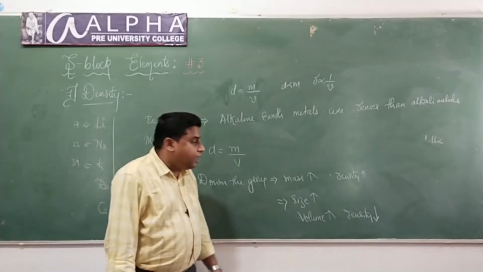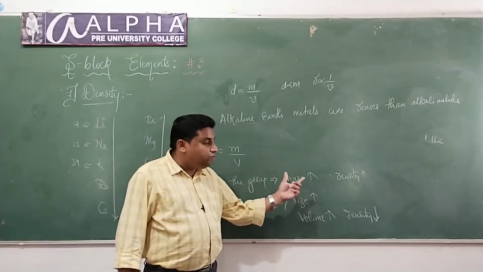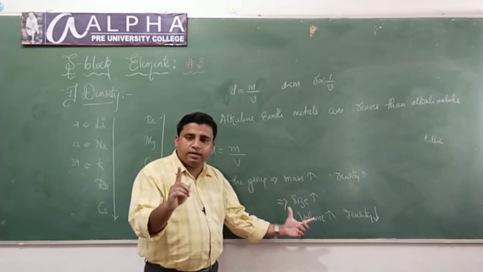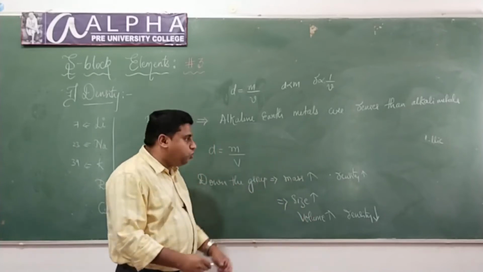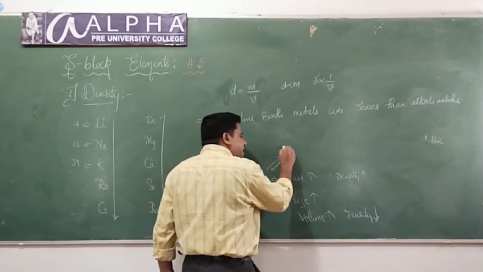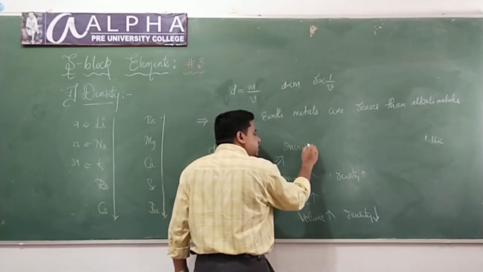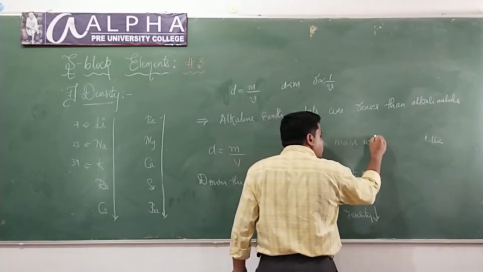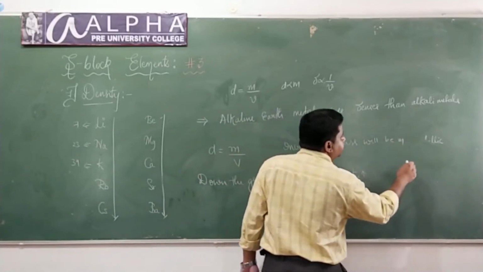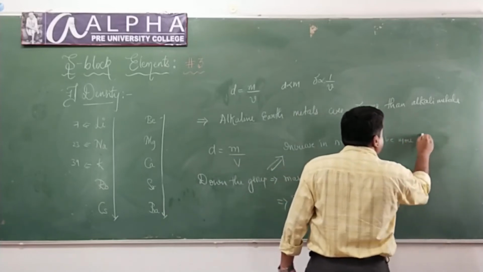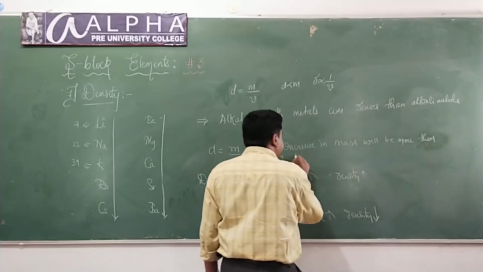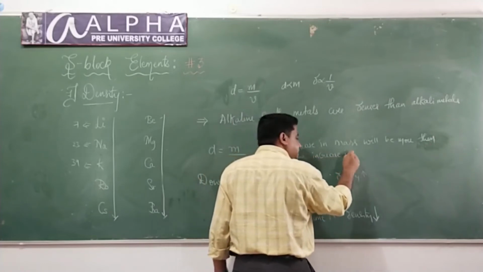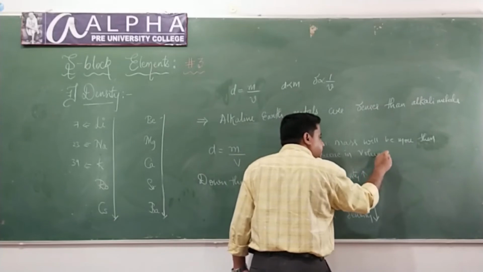No, look here, the increase in mass will be more than the increase in volume. Note this point. Down the group, the increase in mass is more than the increase in volume.